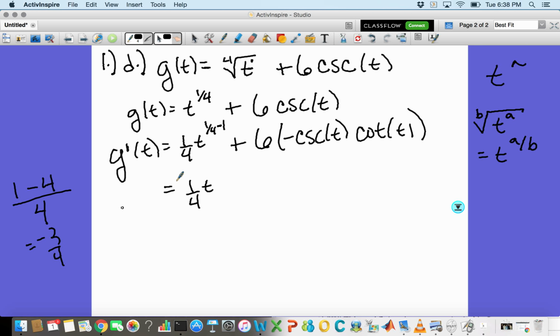We did 1E in class, so I want to look at 1F. I think that was one that caused some people some problems. So for 1f, we have that y equals negative cosecant x minus sine x.